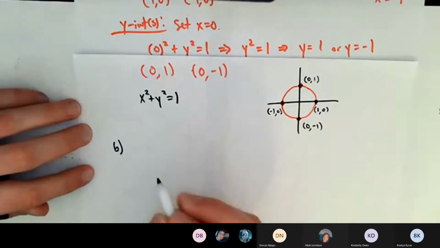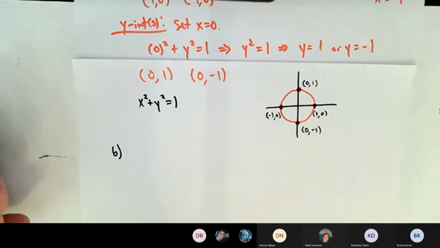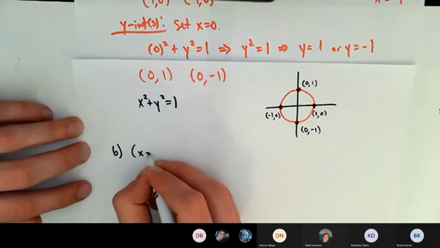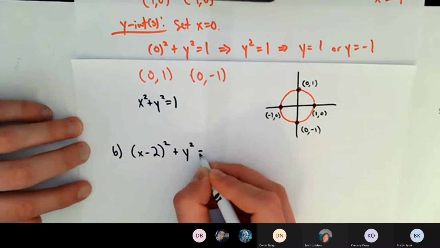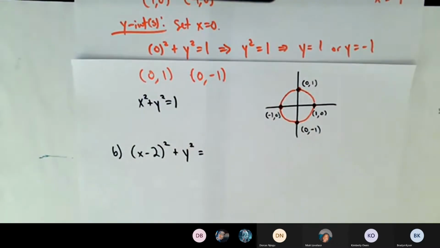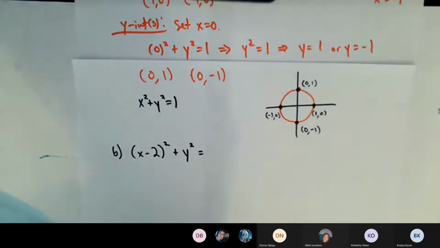So let's say part B. Sorry, I'm thinking. Let me say x minus 2 squared plus y squared. Hang on. Do I want? Don't write that yet. I'm not sure if that's what I want.